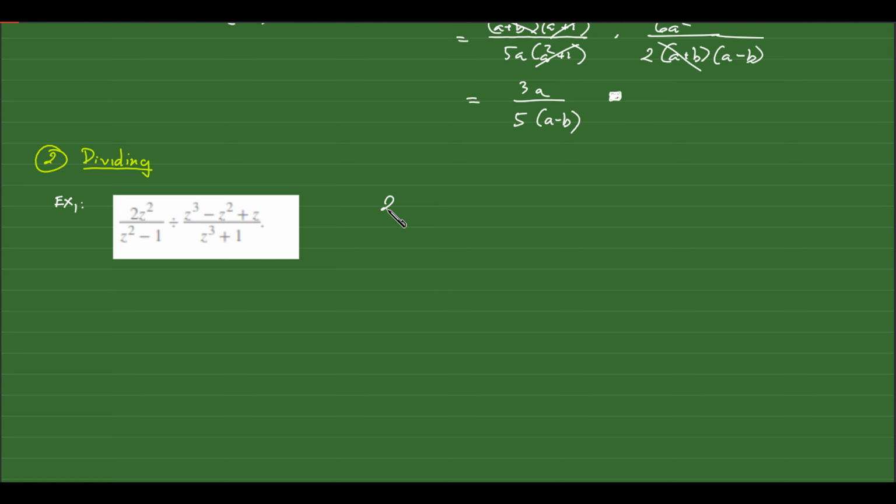On the top, we cannot do anything. The bottom of the first fraction, z squared minus 1, is a difference of squares. You divide it by z cubed minus z squared plus z, you can see the z is common. So take z out, so z times z squared minus z plus 1, right?